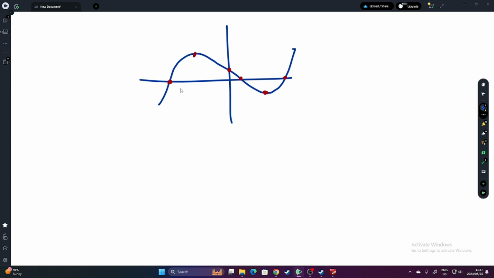Let's begin with the most difficult of these 6 points that we require to find, which would be your 1, 2, 3 x-intercepts, right?